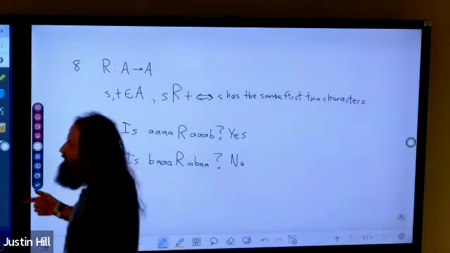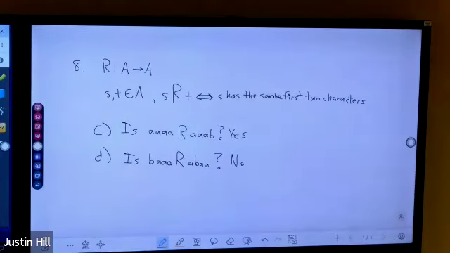All right. Again, just simple stuff: identify whether things are related to each other. Let's look at 10, 13, and 15.